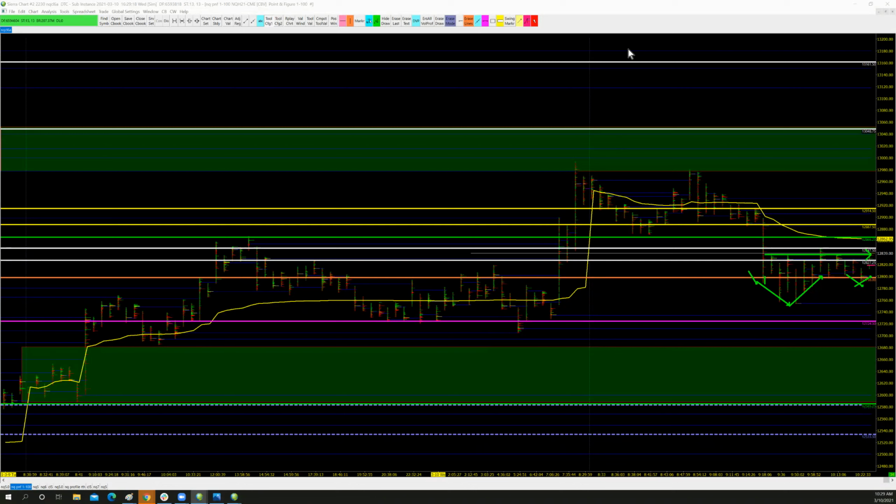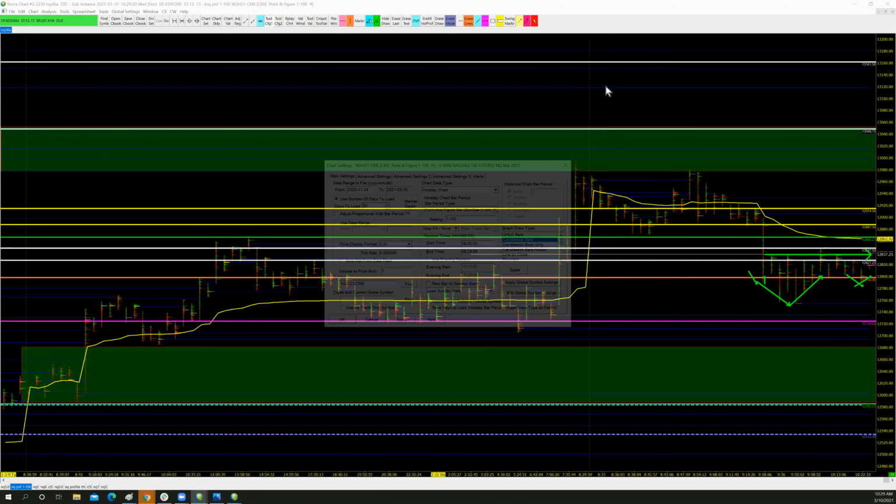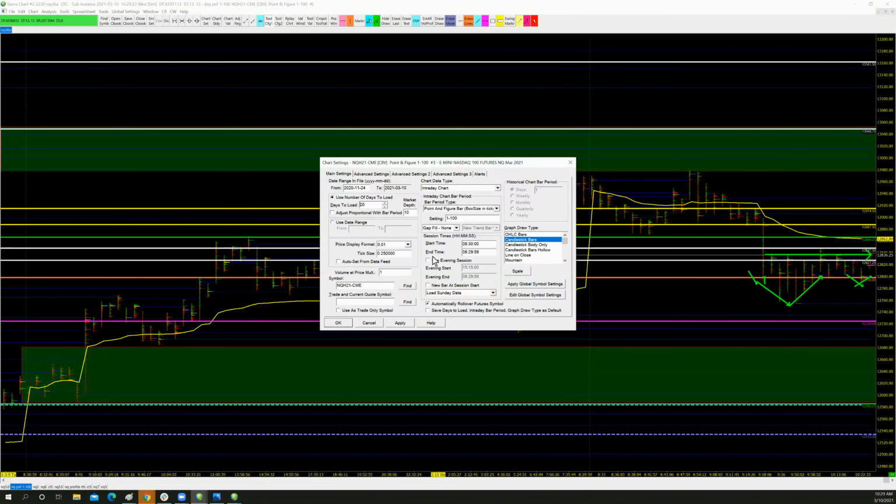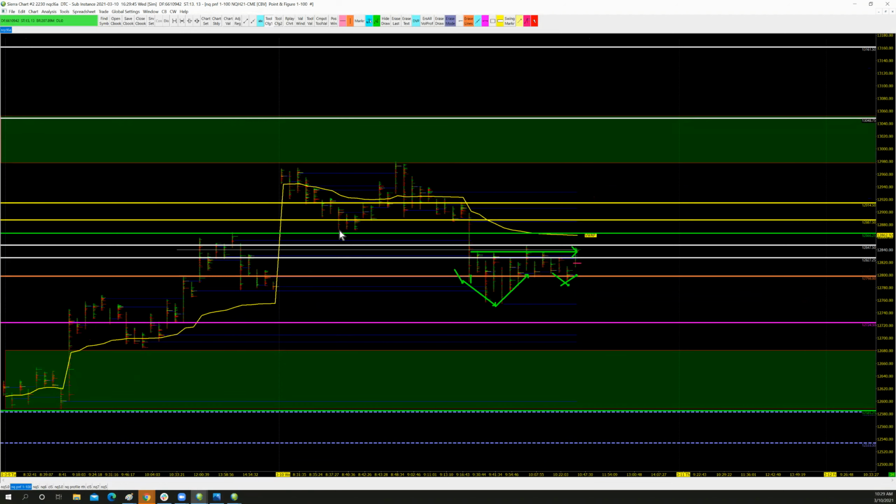So if we come in here and look at this simply from a day session, we'll just change this to 1500. We'll just load 2 days. Okay, so that's today. This is the open today. We gapped up, right? So this is a white zone, and the green area represents single prints.